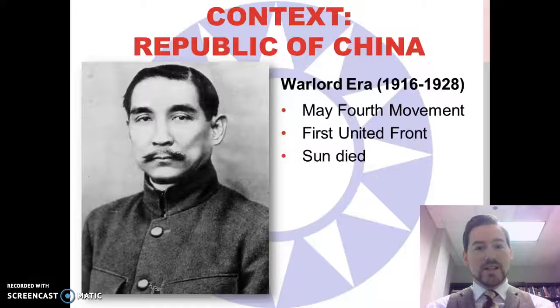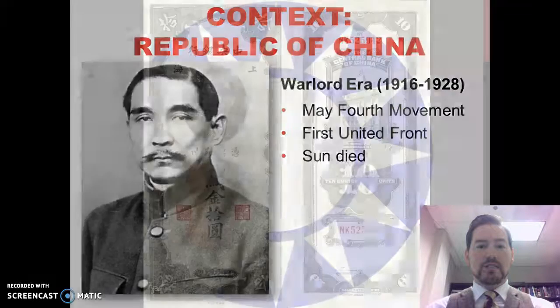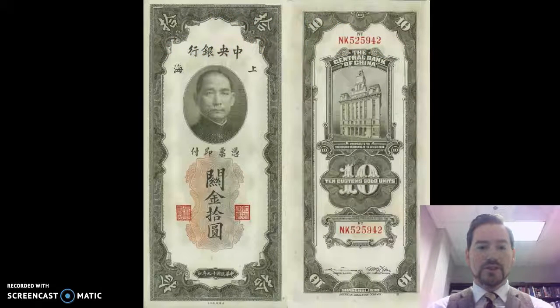But part of the reason he's so revered is because his legend continues. Even to this day, the Chinese government continues to roll him out as this anti-Qing dynasty or anti-dynasty figure. So actually, you'll see he dies in 1925, and then the Republic of China will actually create currency with his face on it. You can see this Central Bank of China currency note has his face on it.